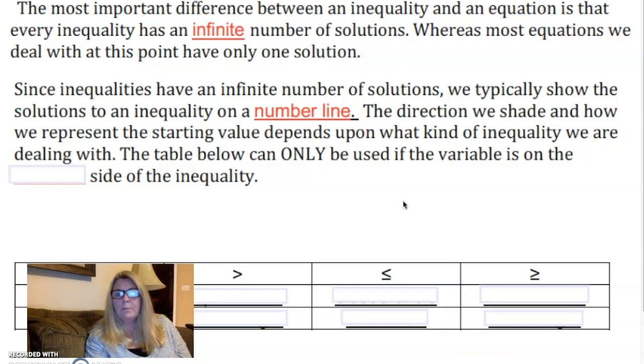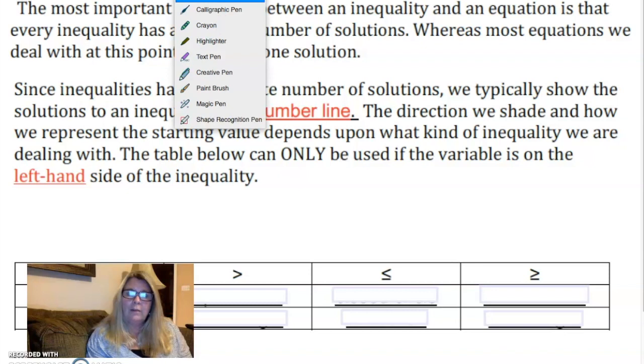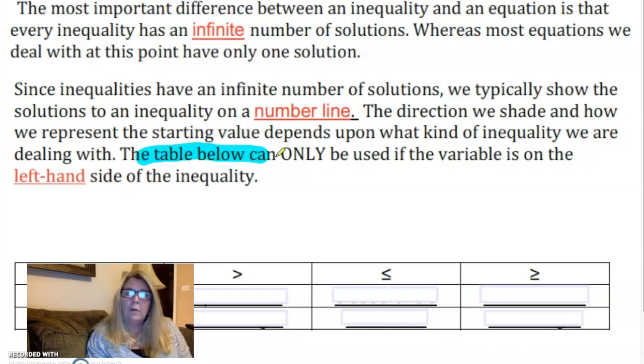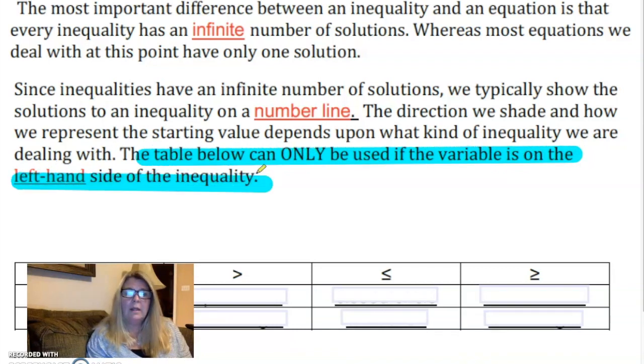The table below can only be used if the variable is on the left-hand side of the inequality. I'm going to repeat that, underline it, and highlight it. It is very important. If it's not, we're going to rewrite it so that it is.